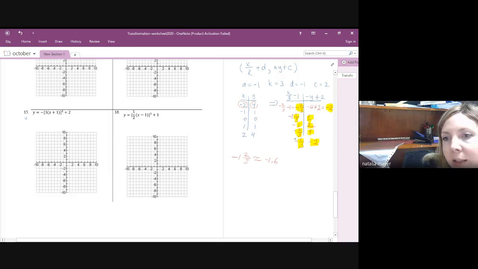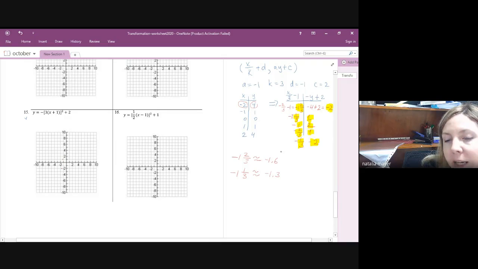Okay, and then I have -1 over 3, which is approximately -1.3. So -1.3 and +1 is here.